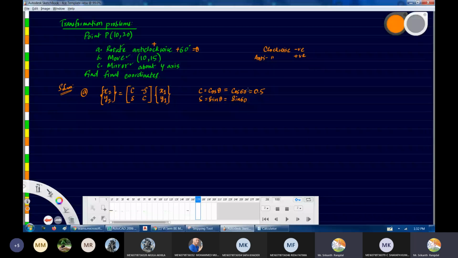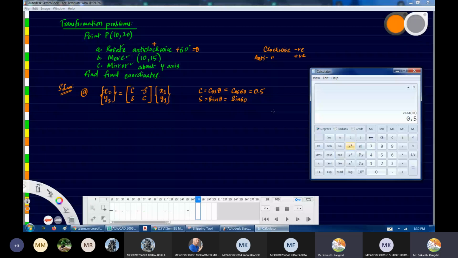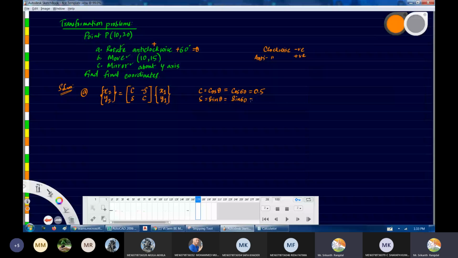Then we need sine 60. 60 sine gives 0.866. So these are the values of C and S. Now C, S, here this is minus S, and here it is S. And what about x1? What is the value of x1?